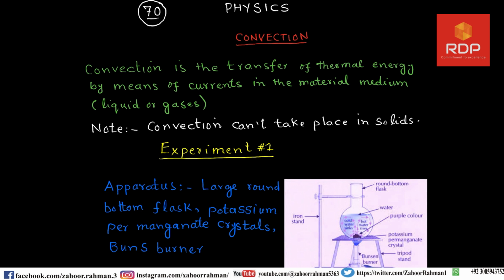This is lecture number 70 of physics, and today we are going to discuss the second method of heat transfer. In the previous lecture, we dealt with conduction, and in conduction, heat is transferred from the hot end to the cold end without the transfer of medium.